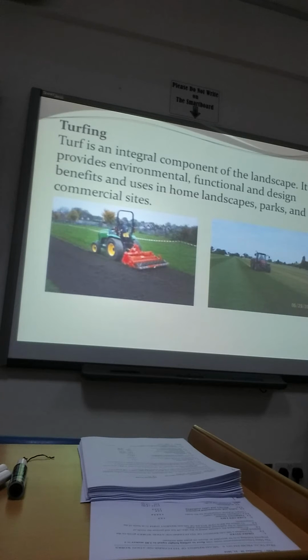Then turfing. Turf is an integral component of the landscape. It provides environmental, functional, and design benefits and uses in home landscapes, parks, and commercial sites, as shown in the image. Therefore, grass, the other name is turf. Sometimes it is planted by a machine and not by individual planting by a human being.